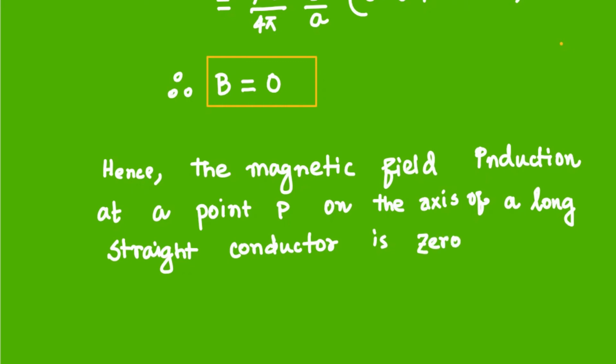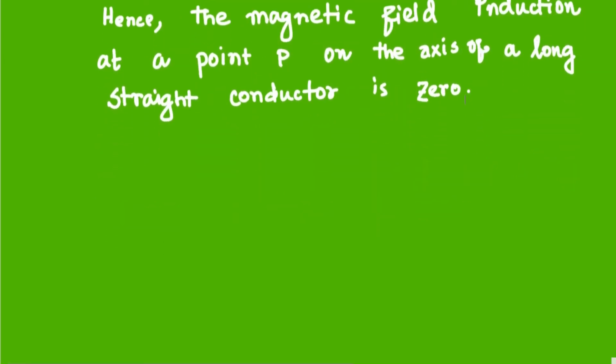If the point P exists on the axis of a straight conductor, then magnetic field B will be 0.